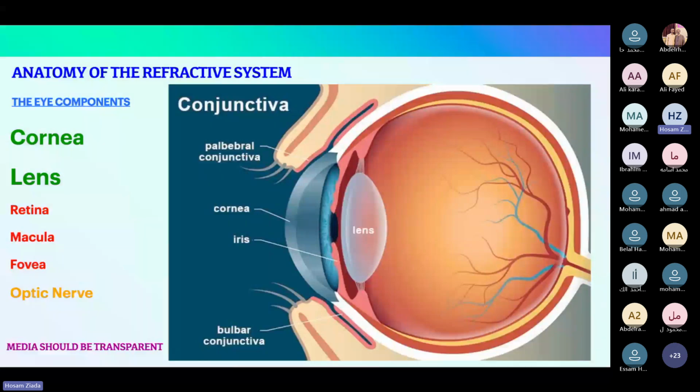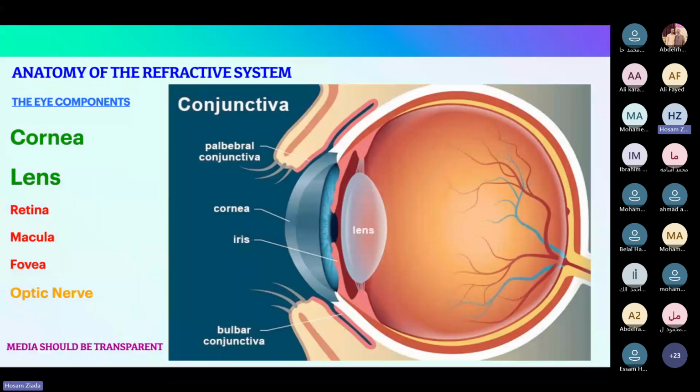Then the retina, macula, and fovea in red, because they are neuronal fibers responsible for transformation of the light energy into electrical impulses to be sent by the nerve to the brain. And finally, the optic nerve, which carries this impulse to the visual centers.